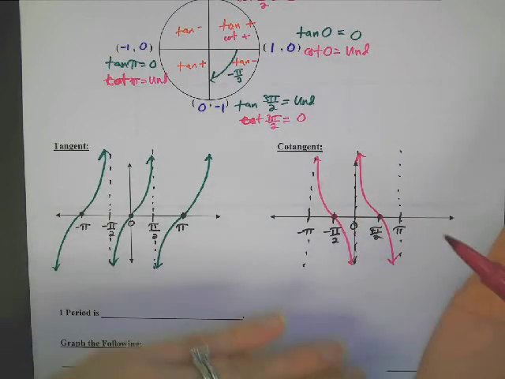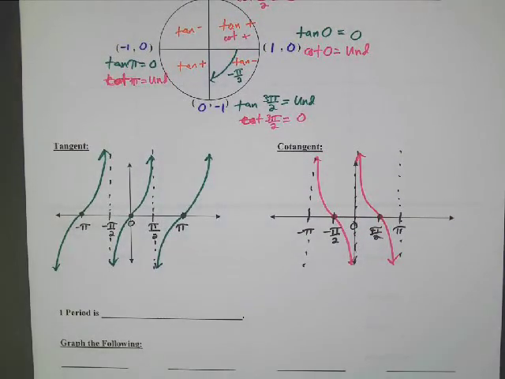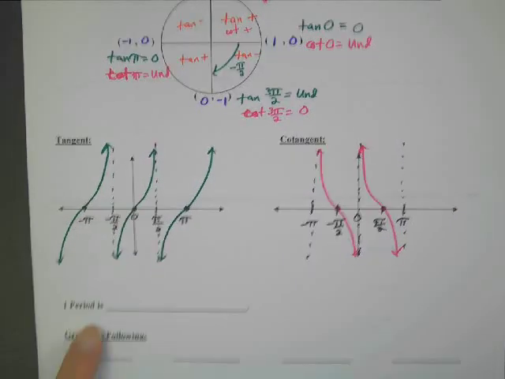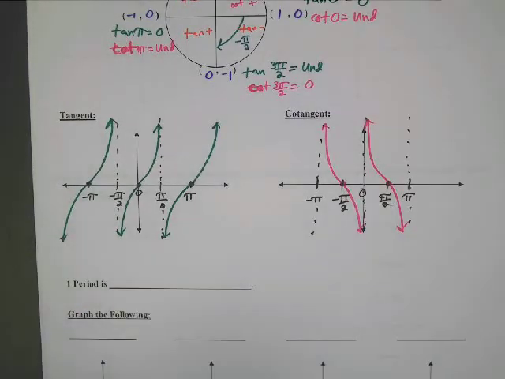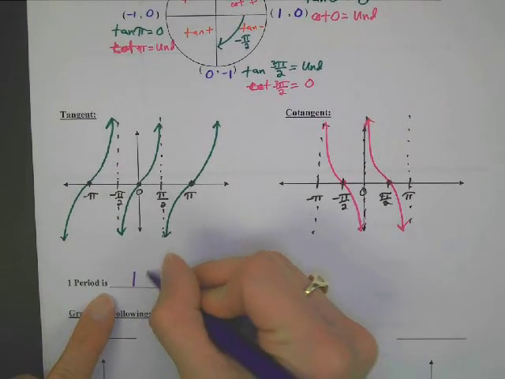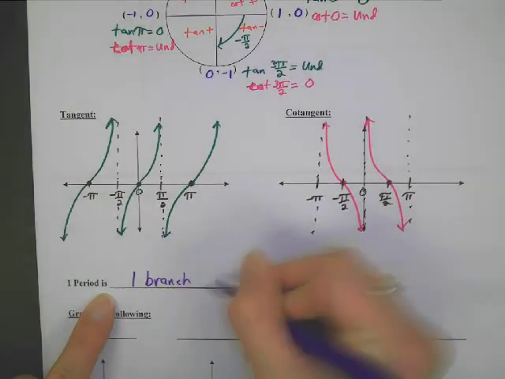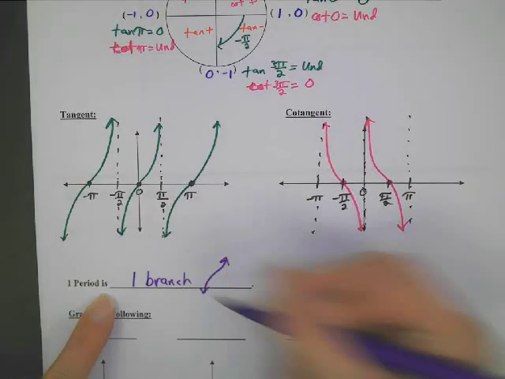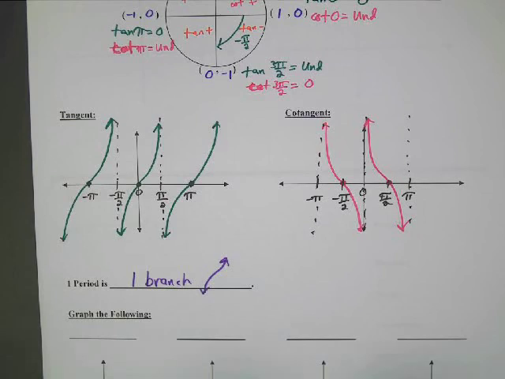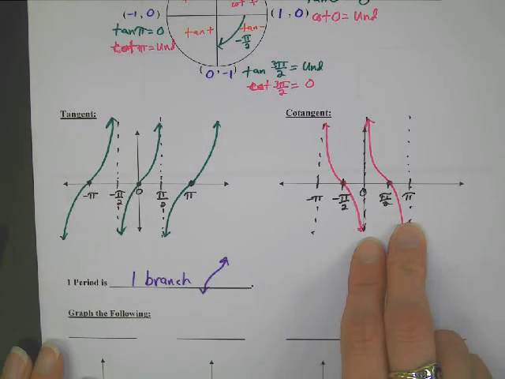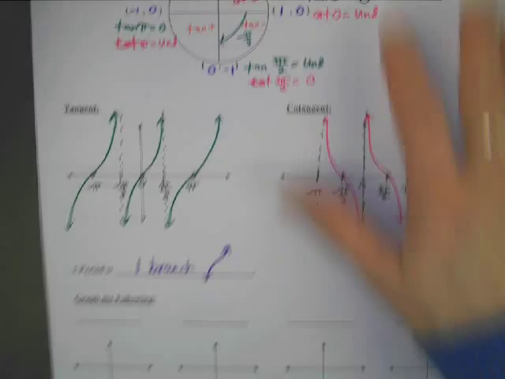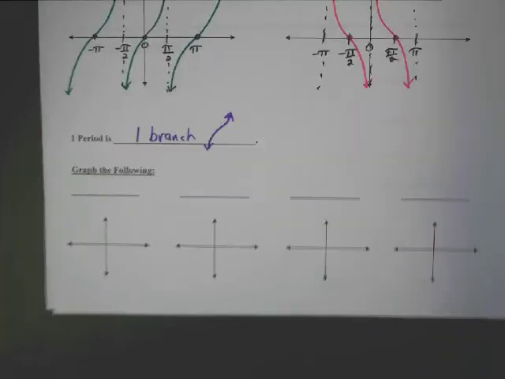You don't have one down and one up. They never squiggle and intersect or anything. One period for tangent and cotangent is one branch. I always require you to draw 2 periods, so make sure you have 2 complete branches. I did right there. Let's summarize everything so you see what's going on here.